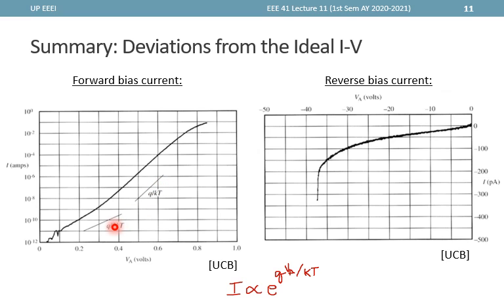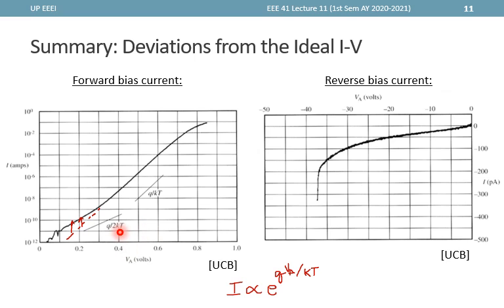However, the added current through recombination at the forward bias case actually adds some current to our diode. However, that additional current is overshadowed by the ideal current at large enough bias voltages.